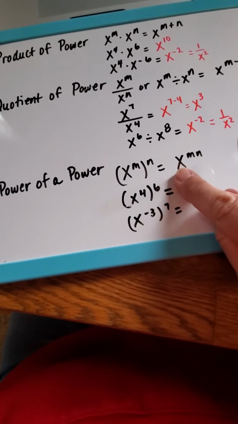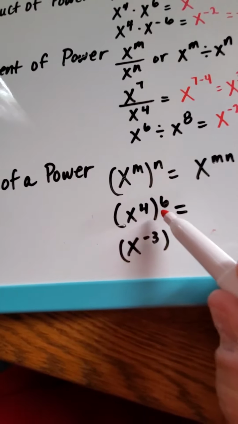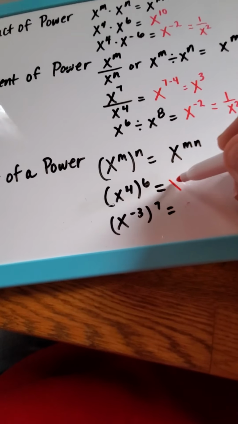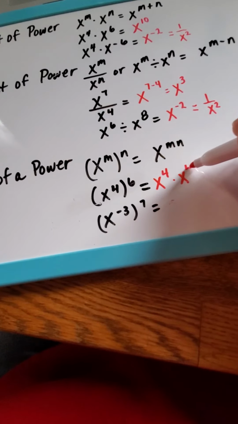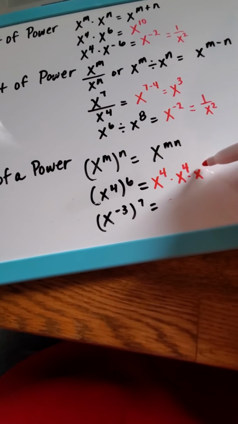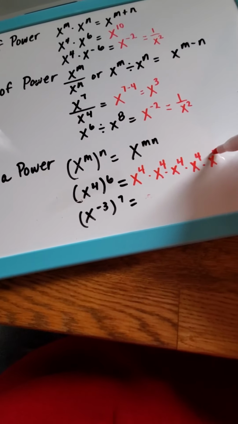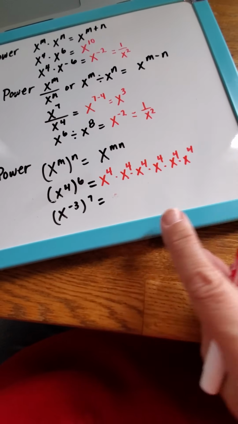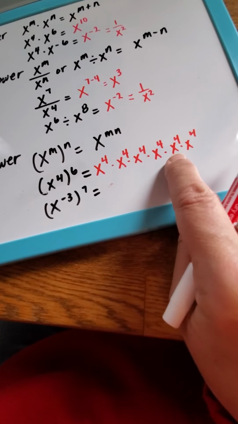That means, let me show you what that means real quick. That means we have 6 groups of this that are being multiplied together. So if I were to write that out, it would look something like this. Okay, and I just want to double check and make sure I have 6 groups of them, which I do.